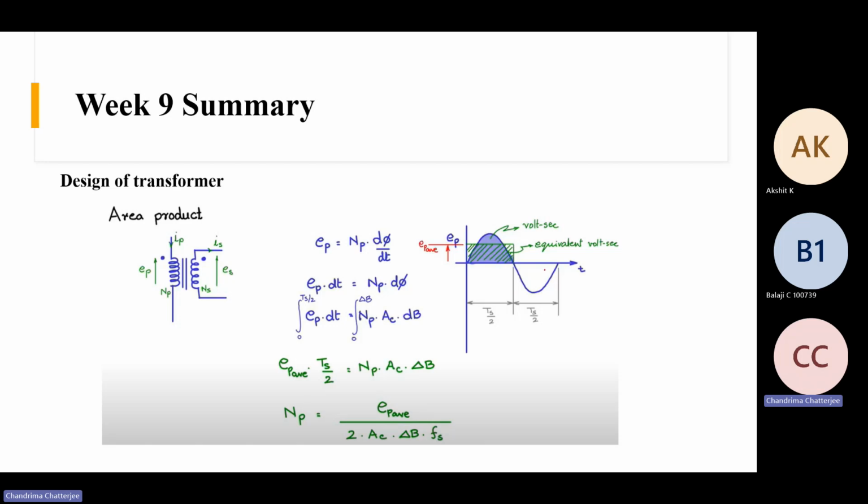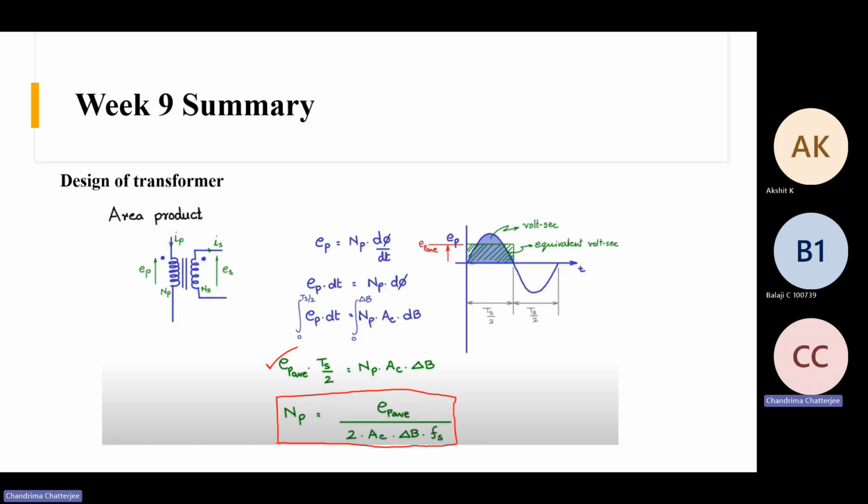Suppose you have a sinusoidal excitation, the induced voltage is sinusoidal. In the half cycle, you will have to take the average of this sinusoidal portion, which represents EP average. So this gives you the number of turns in the primary winding.